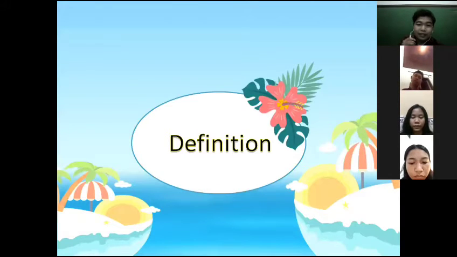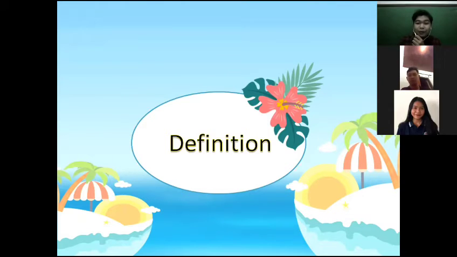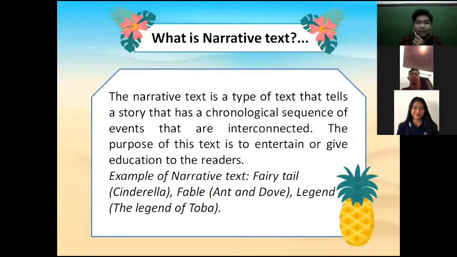Okay, we start from the definition. I think all of you are familiar with this text. Can one of you tell me what is narrative text? May I try, sir? Yes, please, Rizka. Narrative text is a text that tells a story. Is that right, sir? That's right. But I want to tell more completely what narrative text is.